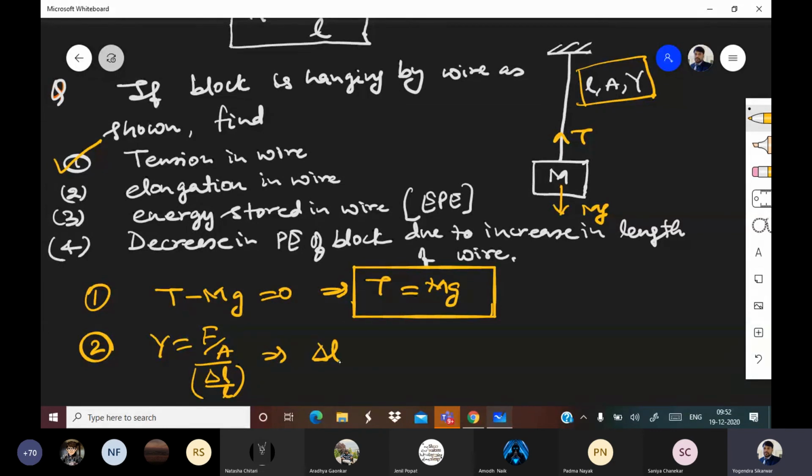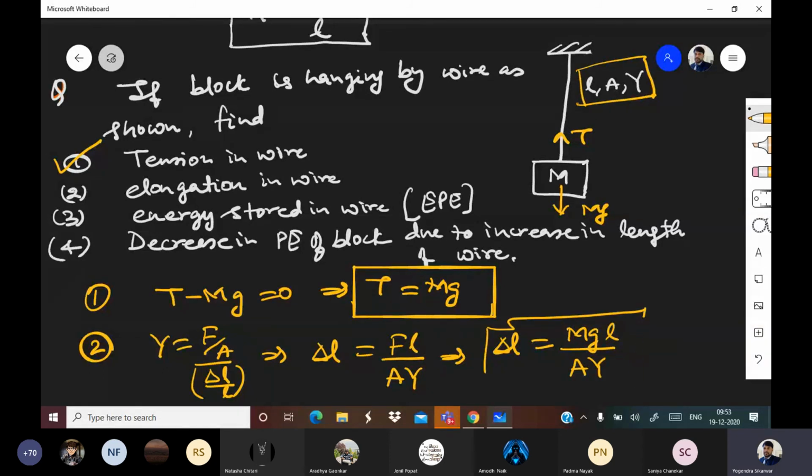That gives us delta L is equal to FL upon AY. So delta L here will be, F is mg, so mgL upon AY. This is the value of delta L.